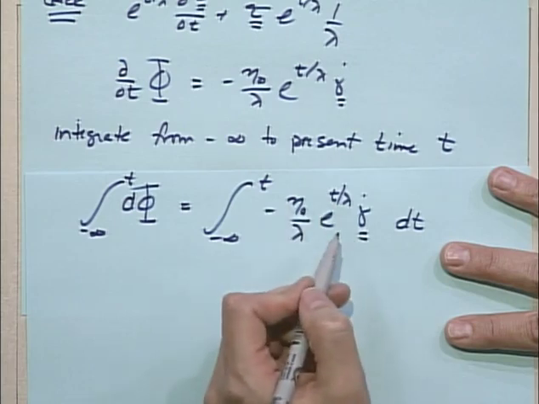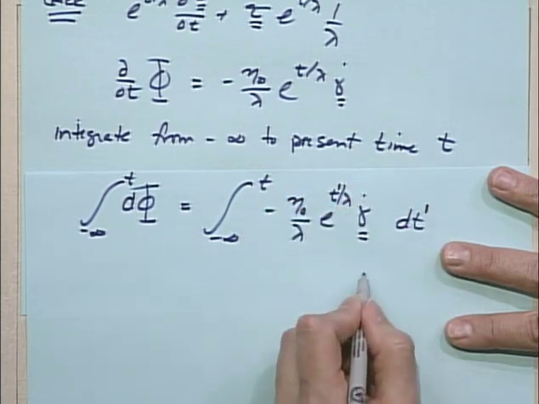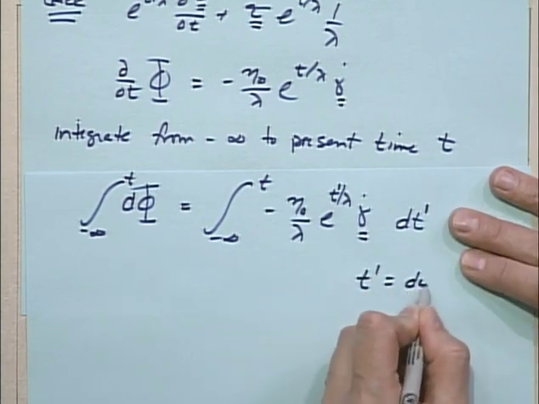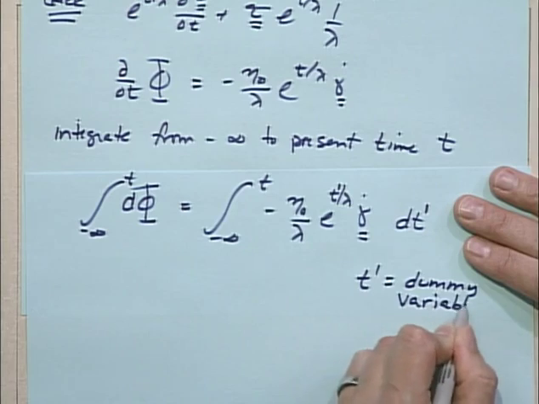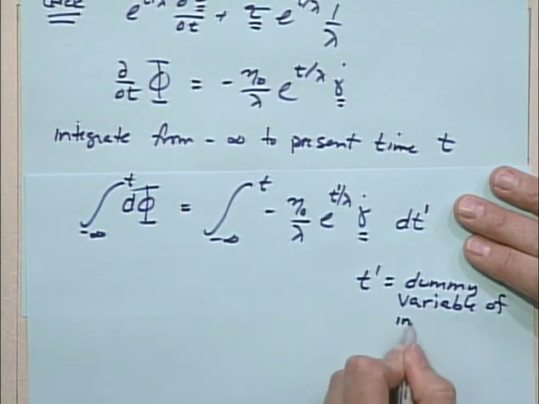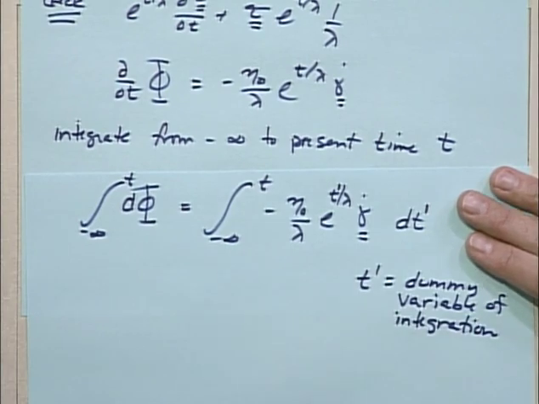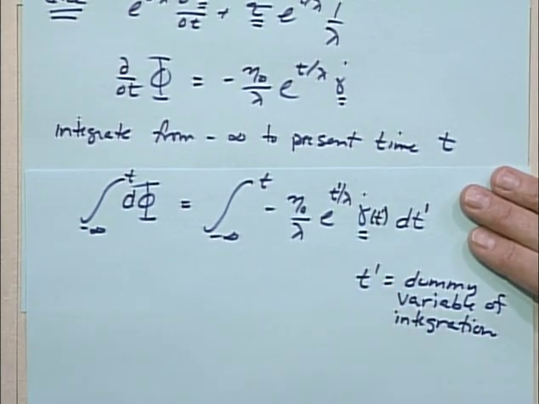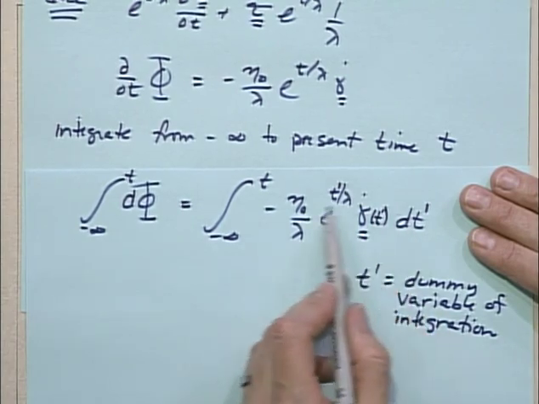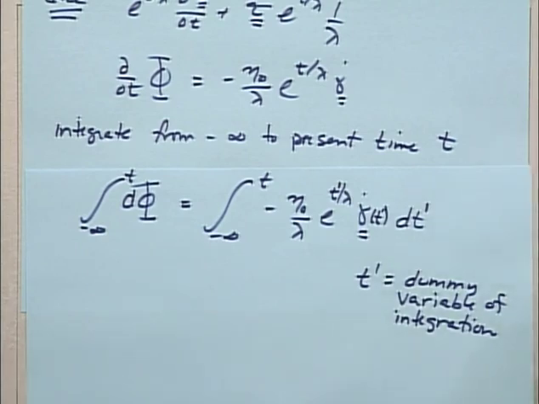Too many t's, it's confusing. So we call this t prime, the dummy variable of integration. So this is gamma dot at t prime. Integrated. So when I'm done with the integral, I will have evaluated and just t's will appear, and then it'll be equal to the time function on the left.